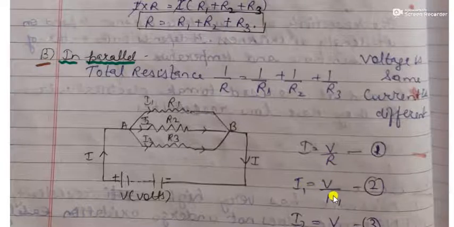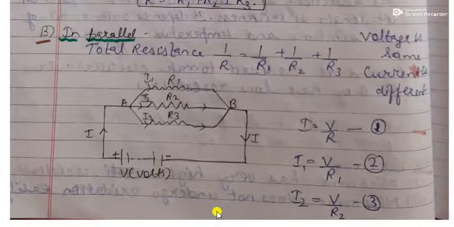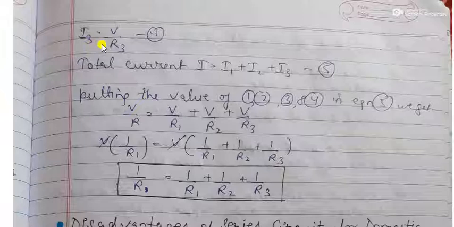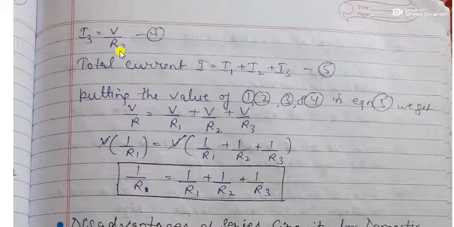So I1 would be V/R1, I2 would be V/R2, and I3 would be V/R3, because potential is the same across the complete circuit but current is different.